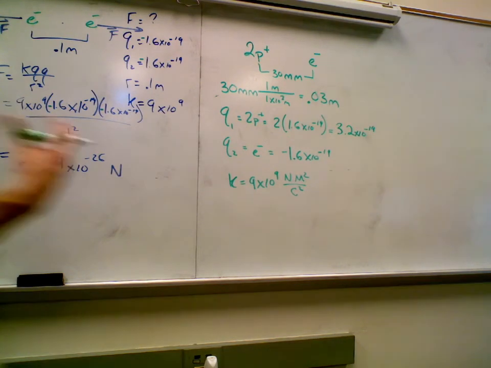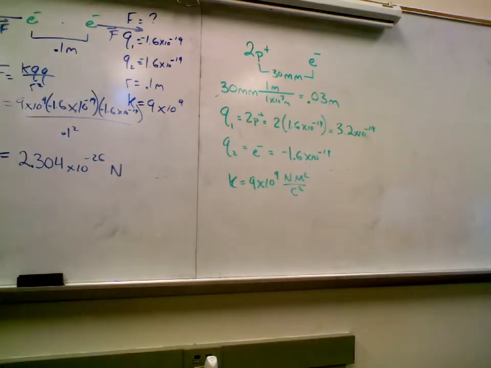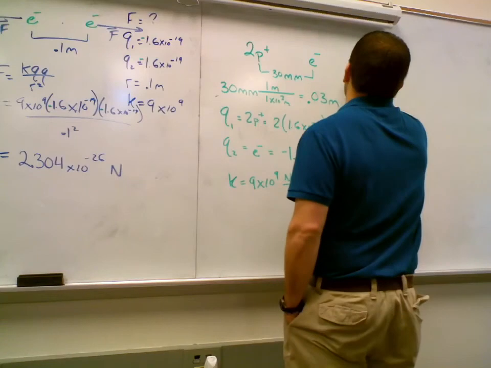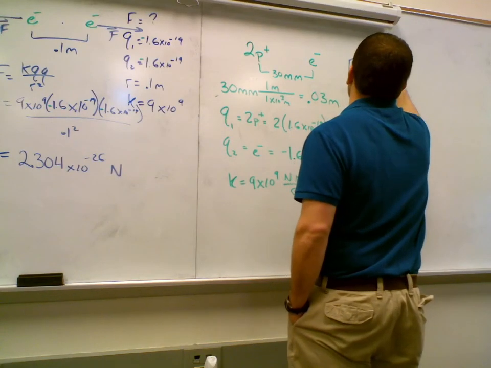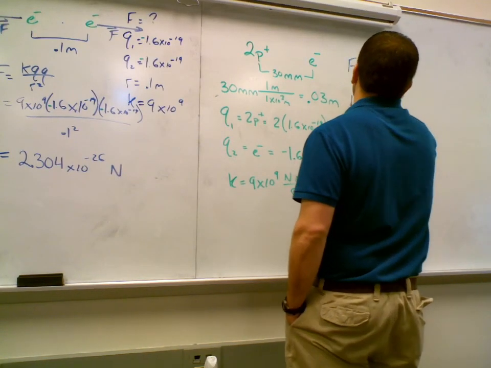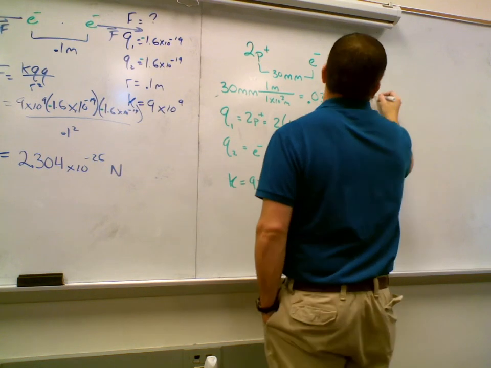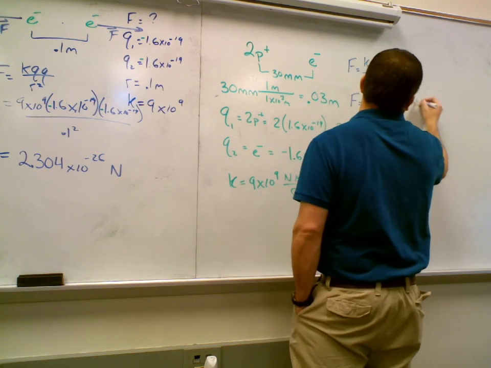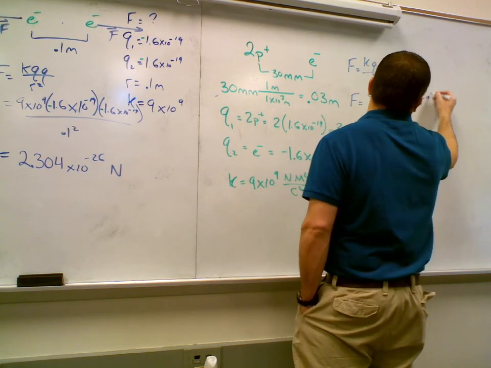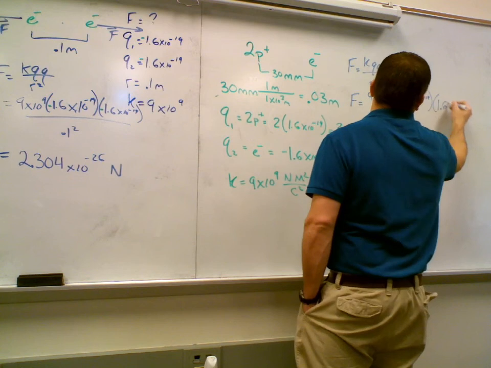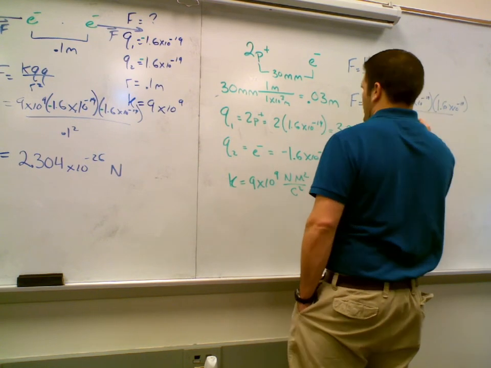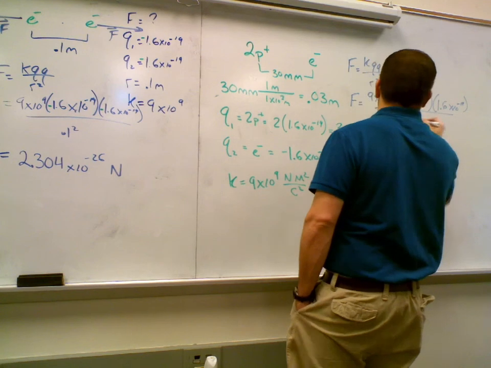So then we can find the force. To find the force, we still use Coulomb's law, same way as we did in the previous one. F equals K Q1 Q2 over R squared. So we can plug in 9 times 10 to the 9th times 3.2 times 10 to the negative 19 times 1.6 times 10 to the negative 19, all over 0.03 squared.